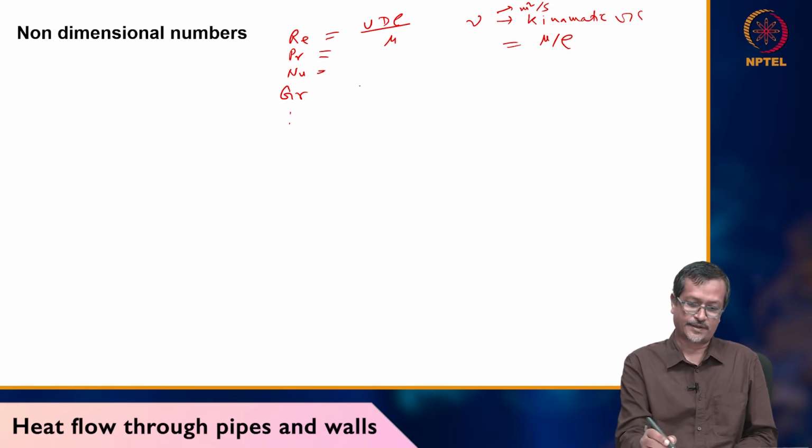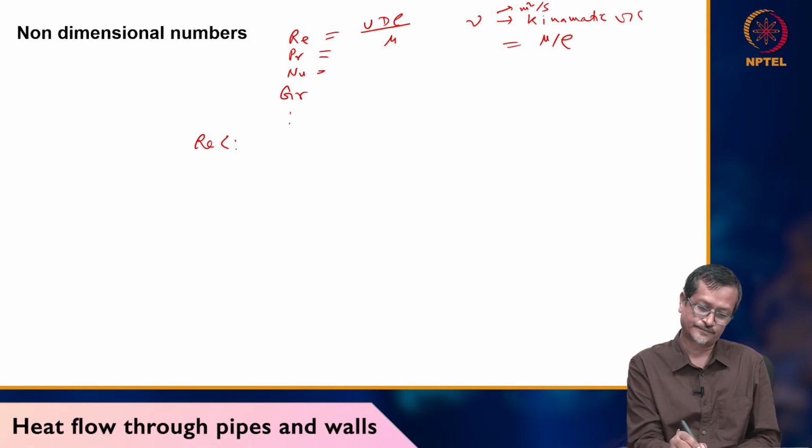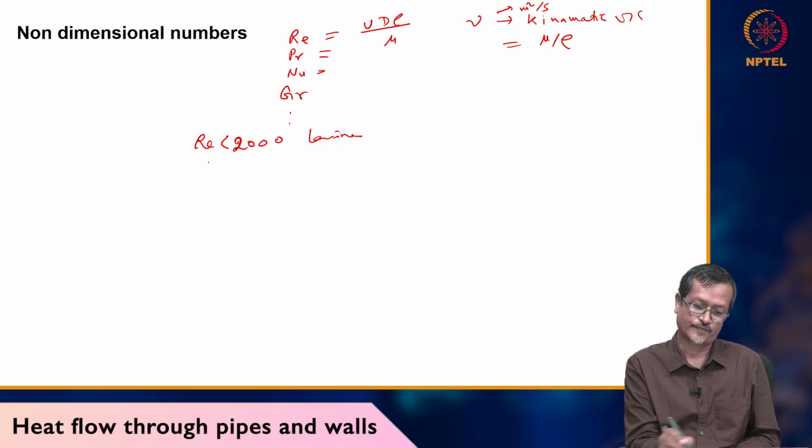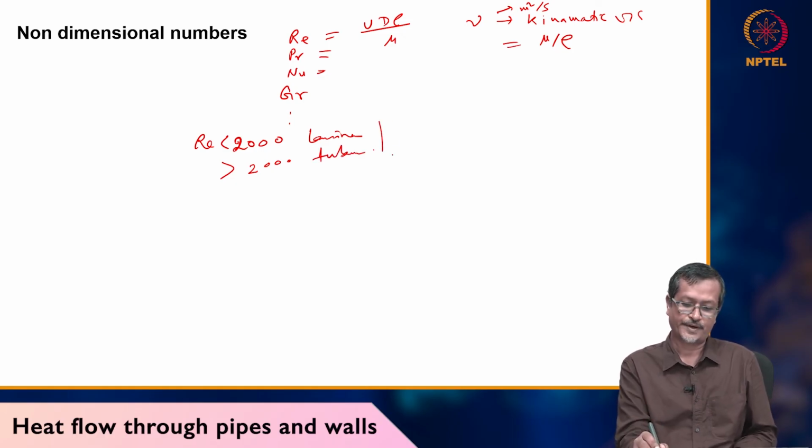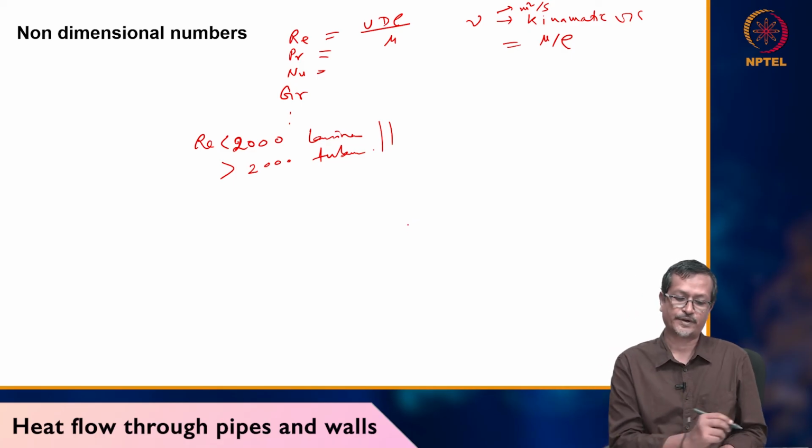Okay, Reynolds number less than 2000 is called laminar, and more than 2000 it will be turbulent. Why are laminar and turbulent required?